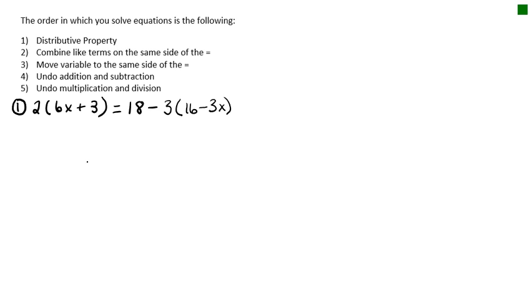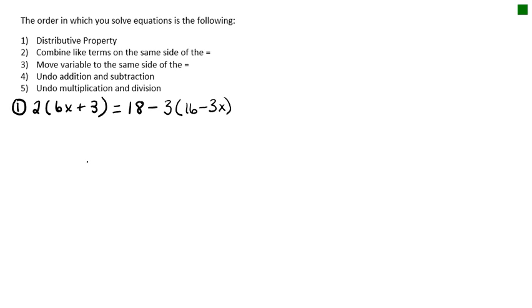So if you're looking at this equation, you see that it is not ready to be solved because there are parts that need to be simplified. My goal is to turn this into a two-step equation, and if I simplify it in the correct order, that's exactly what I'm going to get. So if you look at the steps here, I'm going to do distributive property and combine like terms first.